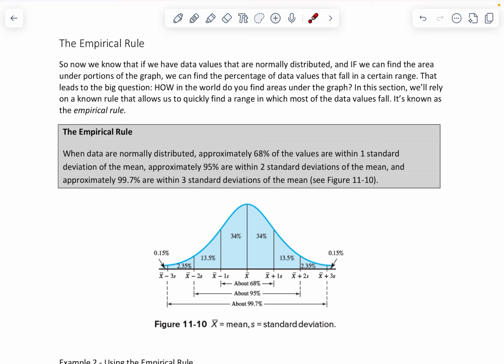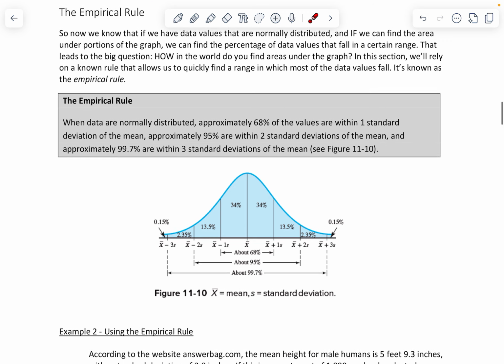The empirical rule says that when data are normally distributed, approximately 68% of the values are within 1 standard deviation of the mean. Approximately 95% of the values are within 2 standard deviations of the mean. And approximately 99.7%, almost all of the data values, are within 3 standard deviations of the mean.